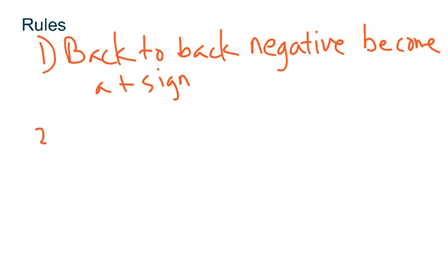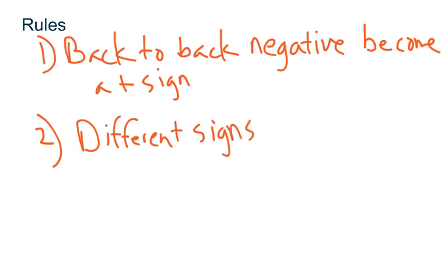Second one is what we do when we have different signs. And what we do for the different signs is we take the difference between them. So take the difference, which means you make it a subtraction problem.